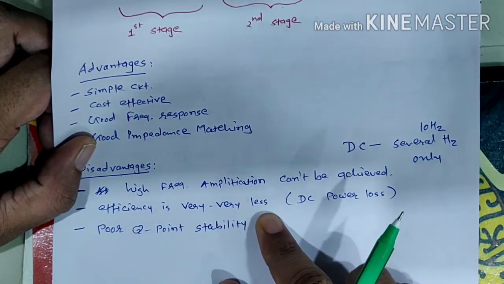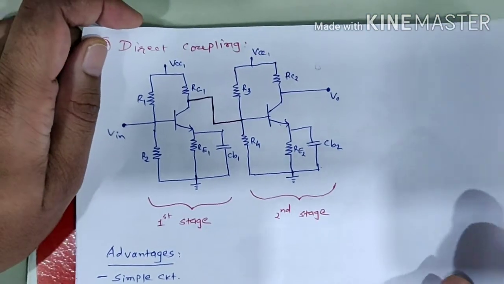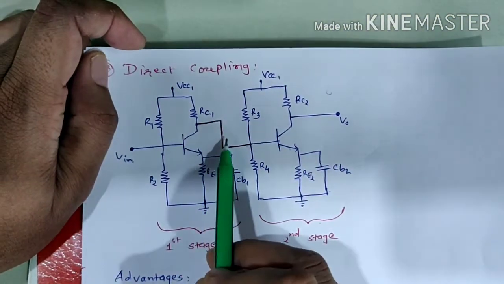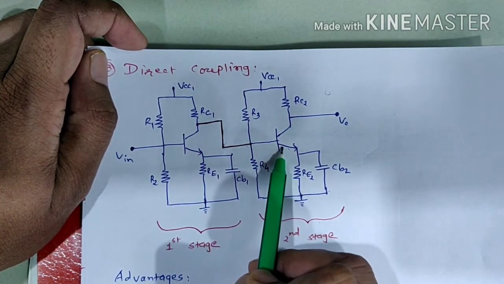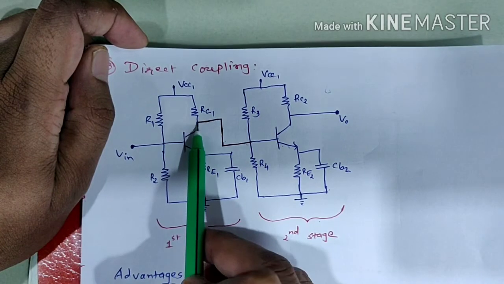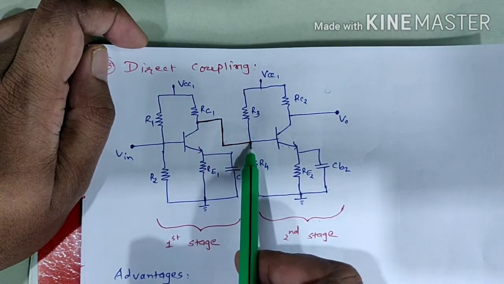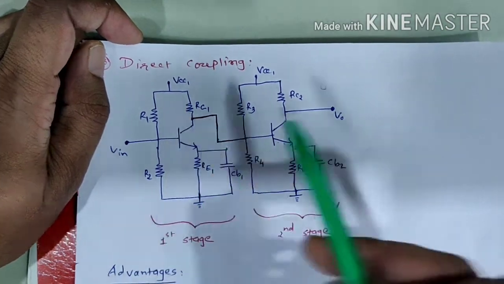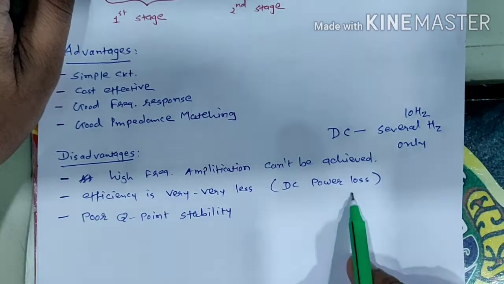Efficiency is very less. Why is the efficiency of this particular coupling technique very less? Because there is no DC isolation between multiple stages. Okay, so here the DC of this stage will easily enter into this stage, so there is DC power loss in the circuit.